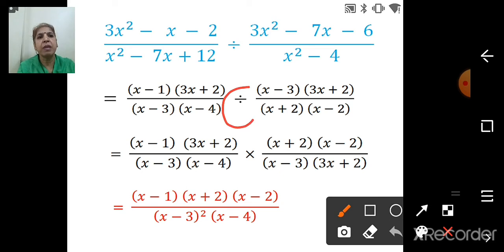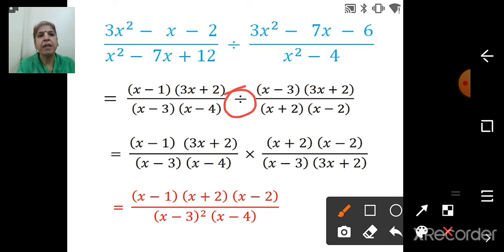Now children, remember here it is given divide by and we will change it to multiply. So we have to take the reciprocal of the second fraction. When we say reciprocal, the numerator becomes the denominator and the denominator becomes the numerator.